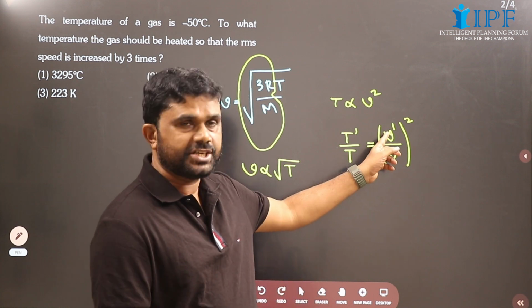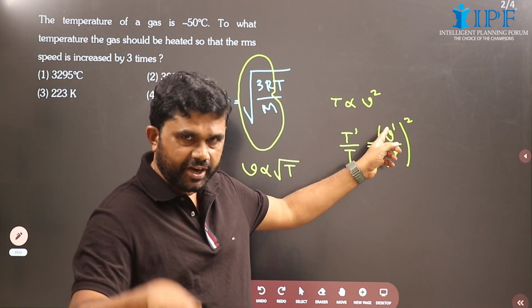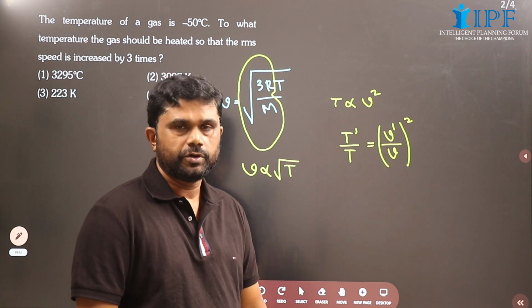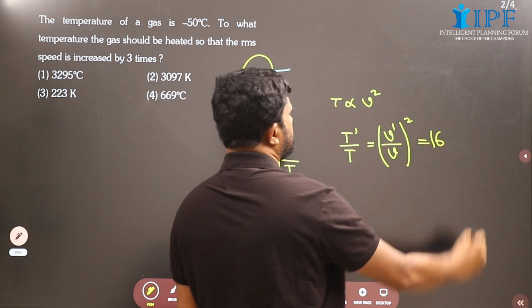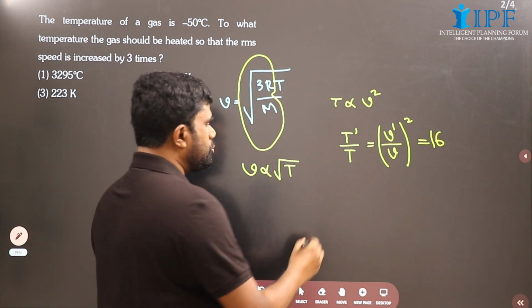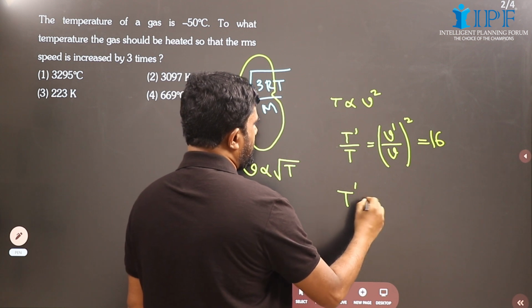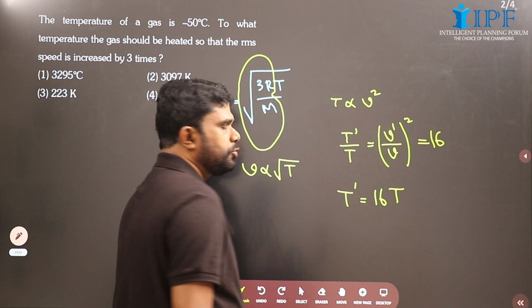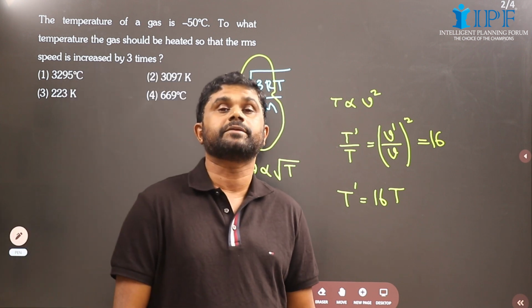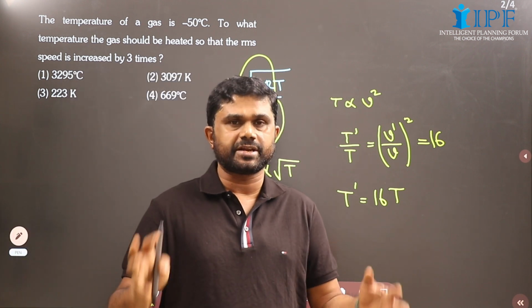So V dash over V is 4V divided by V, that is 4, and 4 square is 16. So T dash equals 16 times T, where T is the initial temperature.